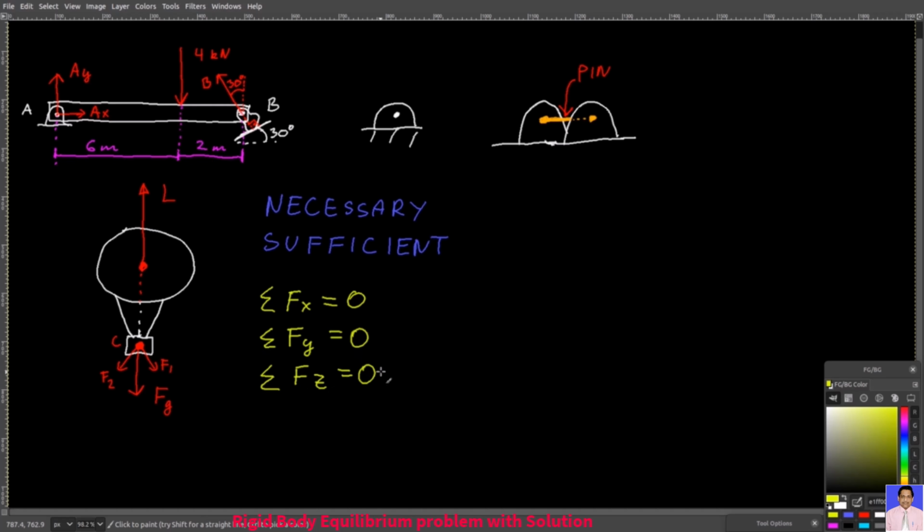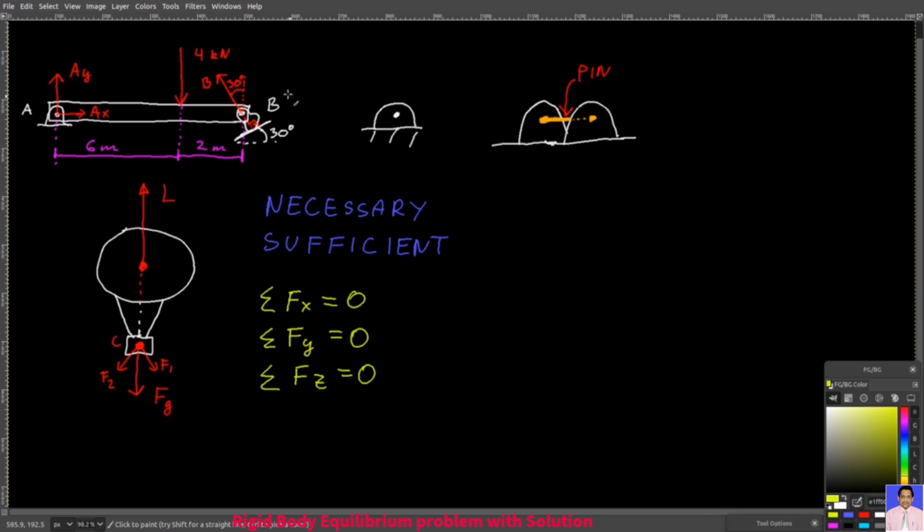And the same thing in the z direction. This condition was necessary, meaning that it absolutely had to be met. And then it was sufficient, meaning that you did not need anything else to achieve this equilibrium. With that, you could find the forces in cables and know if they were safe enough.